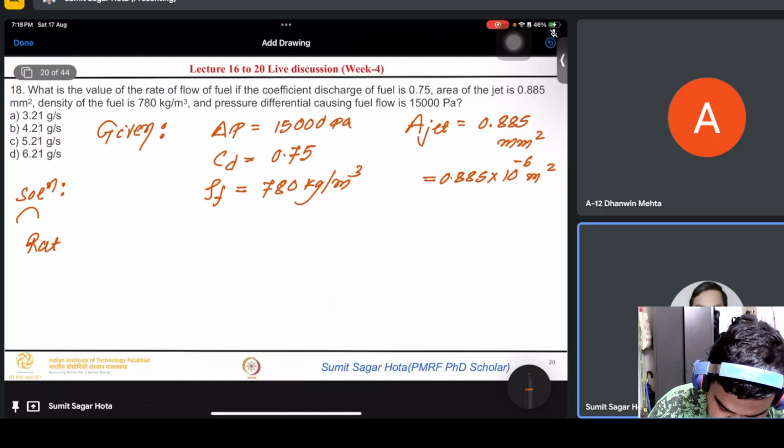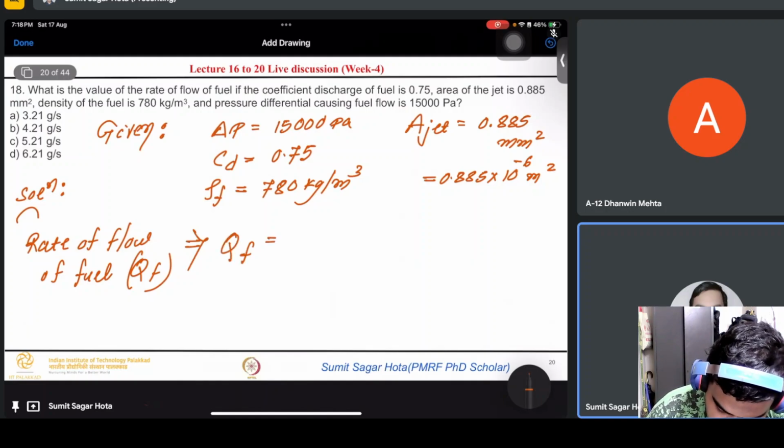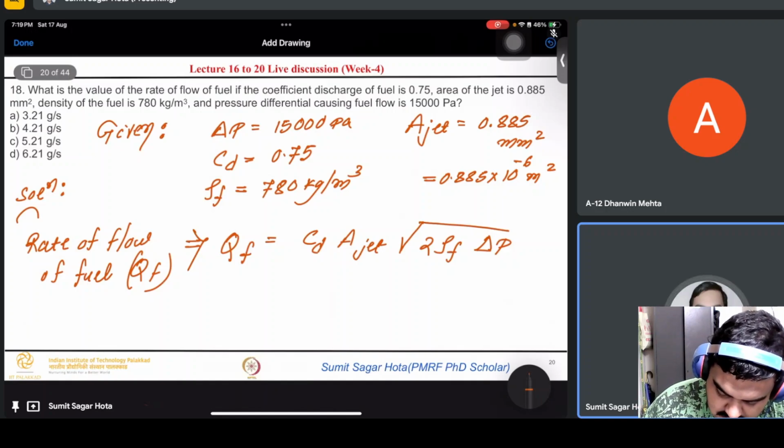The rate of flow of fuel. So this is the formula, we just have to substitute the values and we'll get the answer.